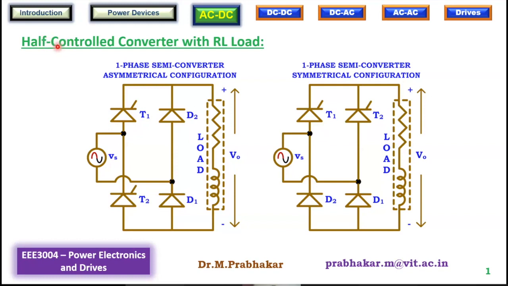Whereas half wave will have only one device. It could be a diode, and it is called an uncontrolled half wave rectifier. If it is an SCR, it is called a half wave controlled rectifier. Only one device, half wave, for single phase. Whereas there are 4 devices, 2 SCRs and 2 diodes, that form a bridge. That is called half controlled. So please be aware of the differences.